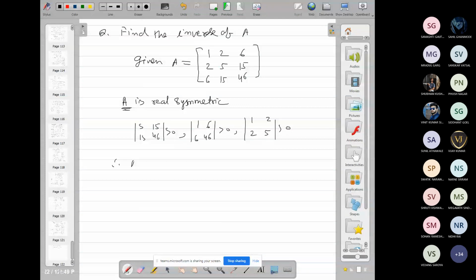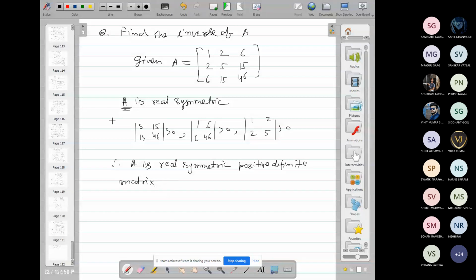Therefore A is a real symmetric positive definite matrix. So we can apply the Cholesky method to find A inverse.